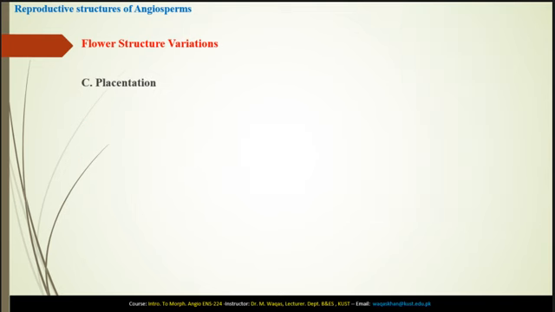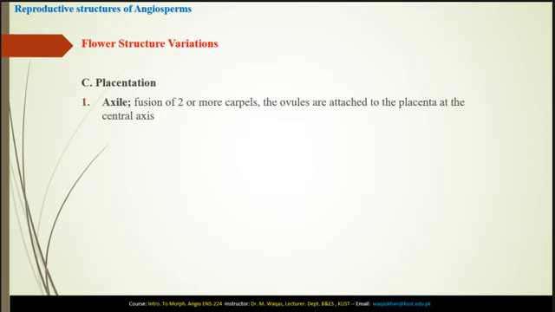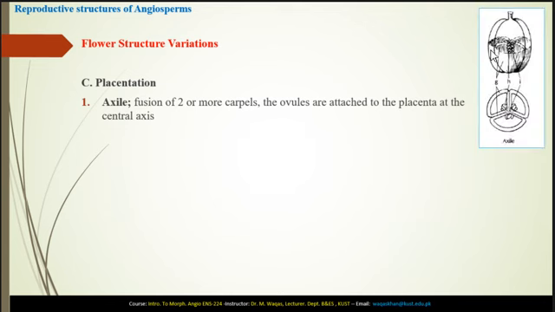The third variation in plant structure is the variation on the basis of placentation, right? In placentation, the first one is the axile placentation, as you can see in this figure. So what is actually axile placentation?